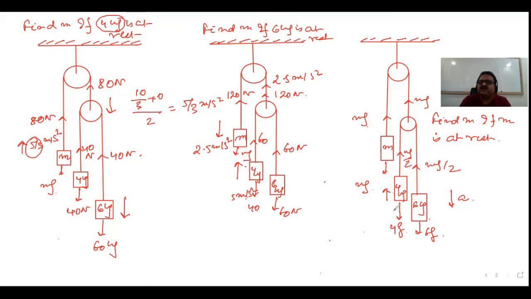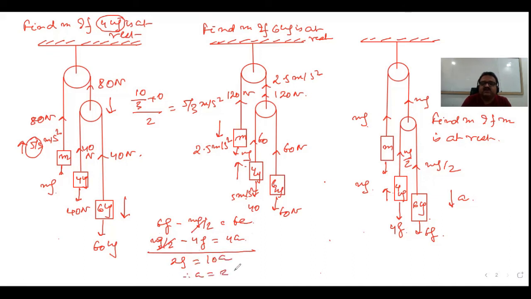So what to do here? 6g minus mg by 2 is equal to 6 into a, and for this it is equal to mg by 2 minus 4g is equal to 4a. 6g minus 4g is what? That is equal to 2g is equal to 10a, and g if I take 10, so a equal to 2 meter per second square. Clear?